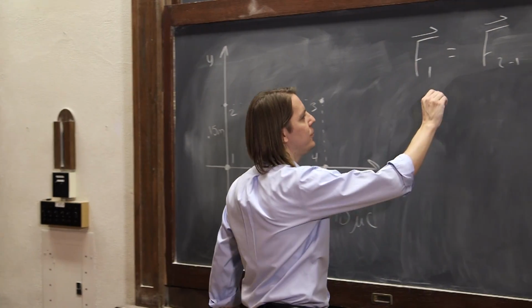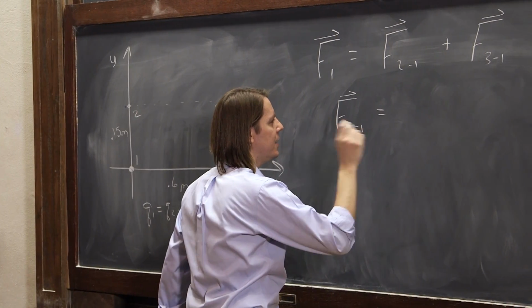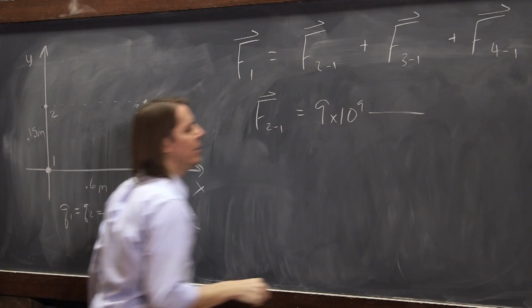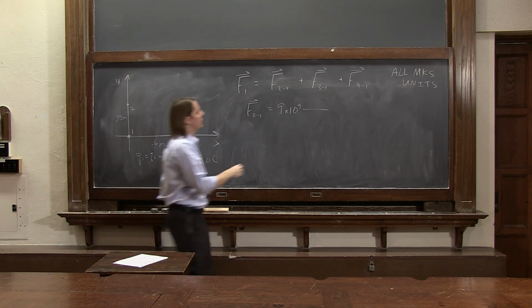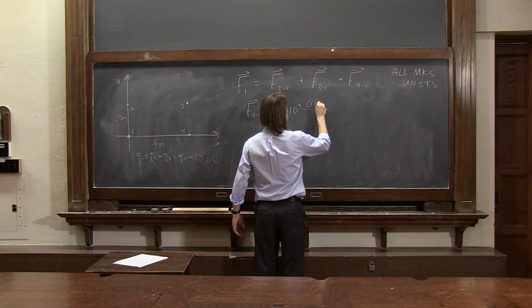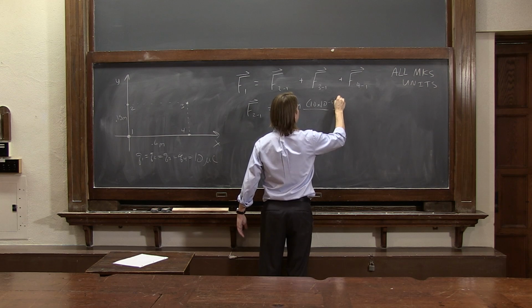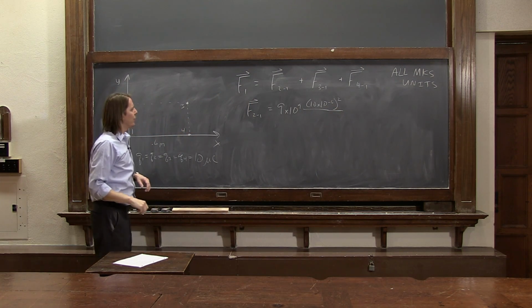Okay, so F21 equals k_e, 9 times 10 to the 9, times the charge. And it's actually the same charge, so I'm going to write it squared. So it equals 10 times 10 to the minus 6 coulombs squared, but I'm not writing coulombs, over the separation.